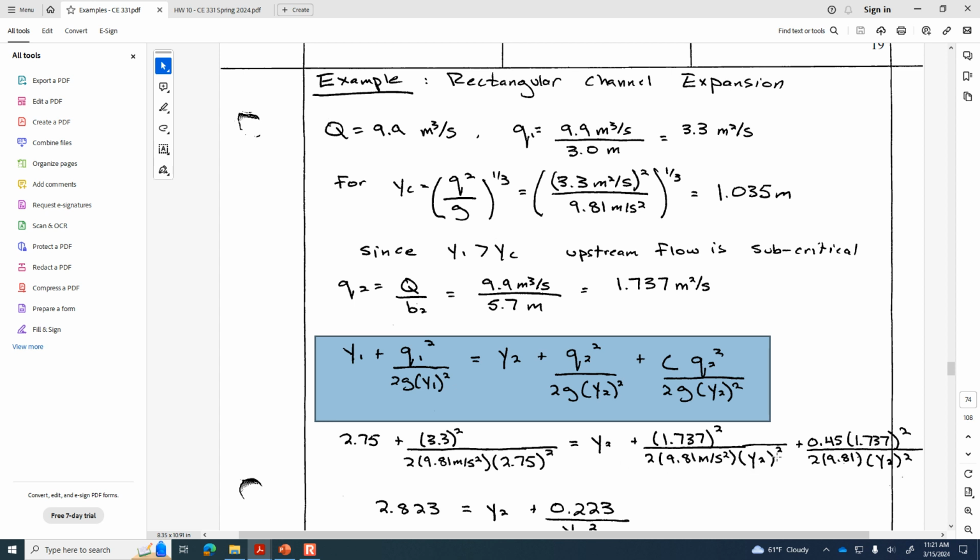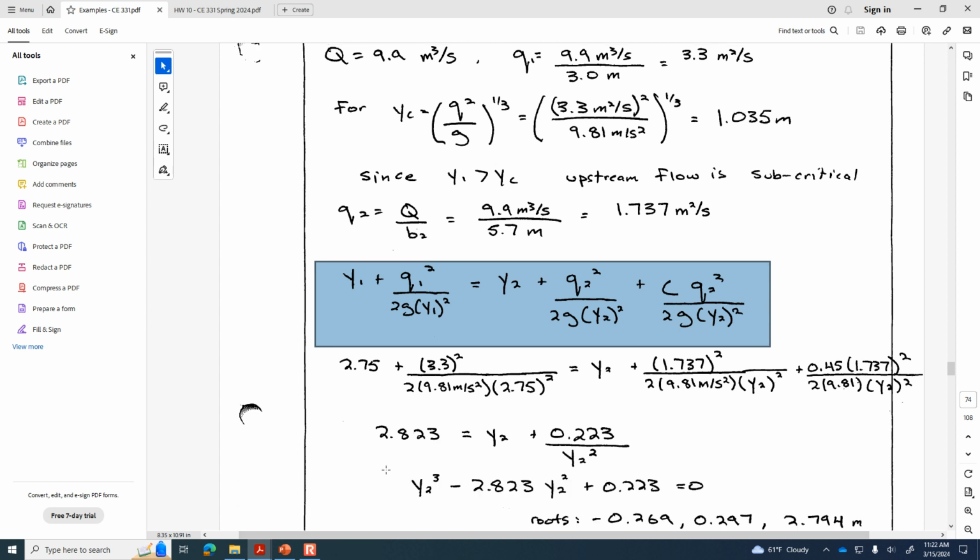By collapsing these two together, I could have said 1.45 times q squared divided by that. You see what I'm saying? If this is 0.45 and this is 1 times this, then I could have just eliminated this second term altogether and just said 1.45 times this term. But in the end, it doesn't complicate things too much.